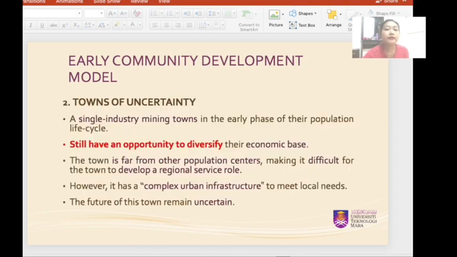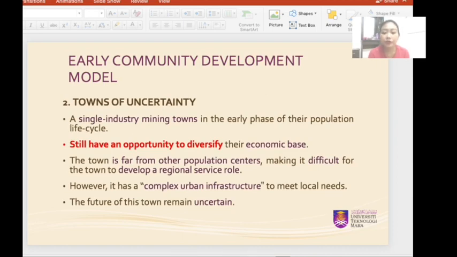Next one, towns of uncertainty. Okay, a single industry mining town in the early phase of its population life cycle still has an opportunity to diversify its economic base. The town is far from other population centers, making it difficult for the town to develop a regional service role. However, it has a complex urban infrastructure to meet local needs.